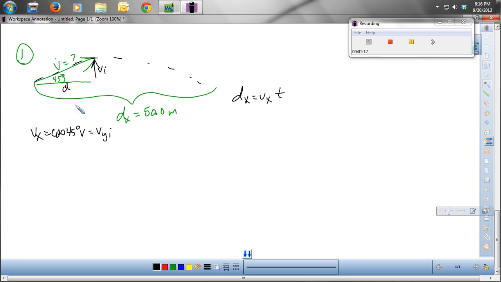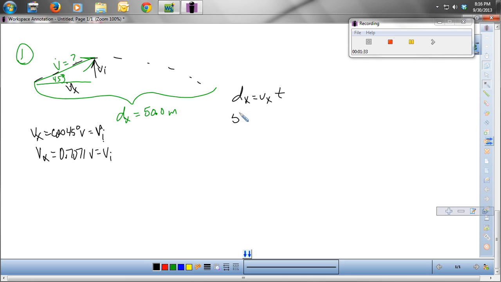Oops, let me fix that. And I think we called this Vx right here. And we didn't use Vyi, we just used plain old Vi. There's my Vx. So when I do that, the cosine of 45 is 0.7071 times V, and that's also my Vi.